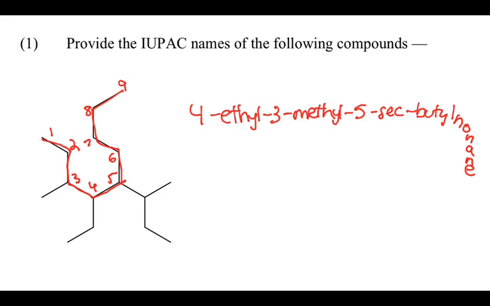Unless I'm mistaken, I think with secondary butyl, the sec part is a prefix, and I think the prefix we ignore when alphabetizing. Remember? I know for tertiary butyl you ignore it. I think for secondary butyl, as far as I remember, you ignore it as well.